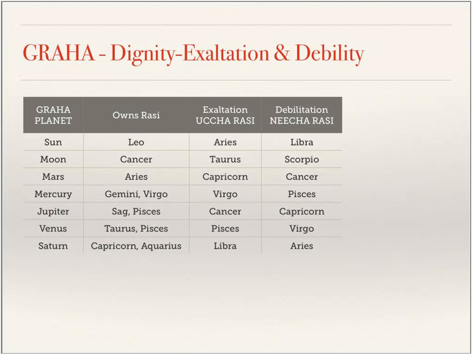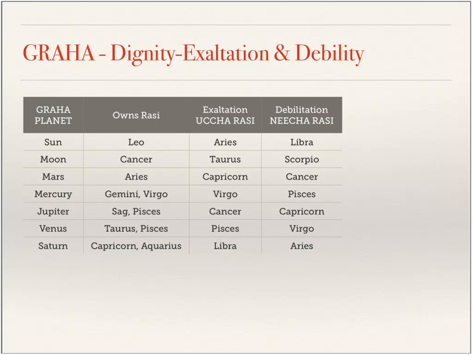Ucha means exalted, highest state, right? Whereas it also is debilitated. It is also in its lowest vibrational qualities in a Rashi other than its own. And that Rashi is referred to as the Nicha Rashi, or down, something that has fallen down or debilitated, right?